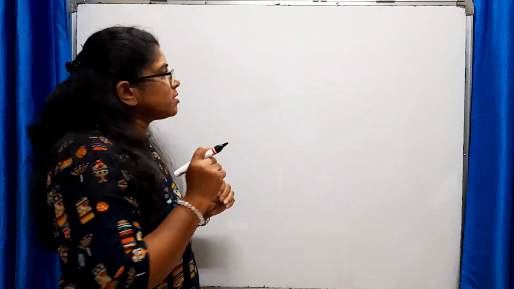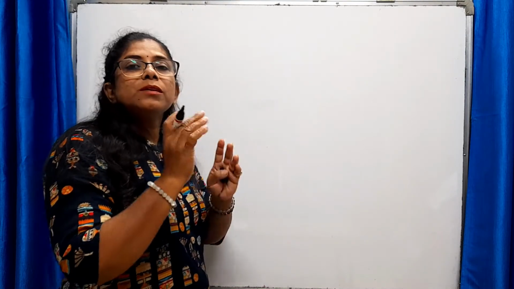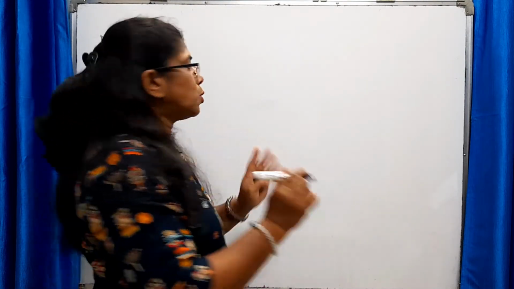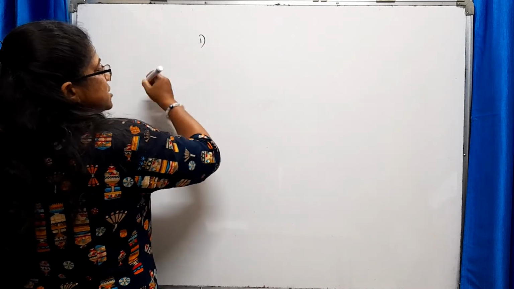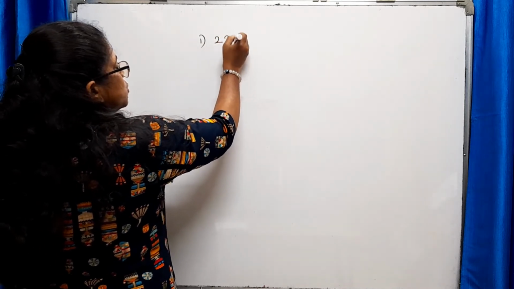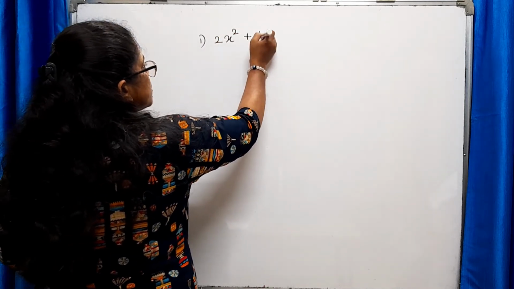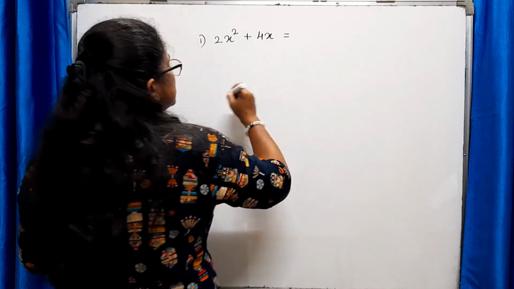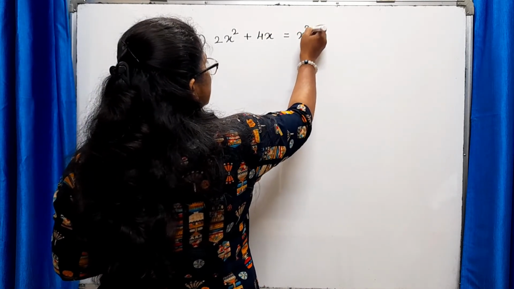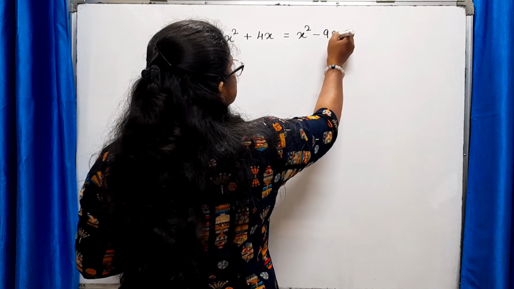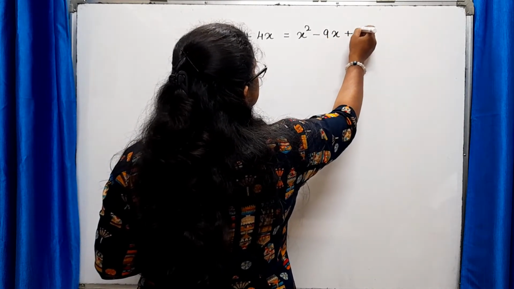Now we have to check whether the given equation is quadratic equation or no. So in this case, first example, 2x square plus 4x is equal to x square minus 9x plus 8.